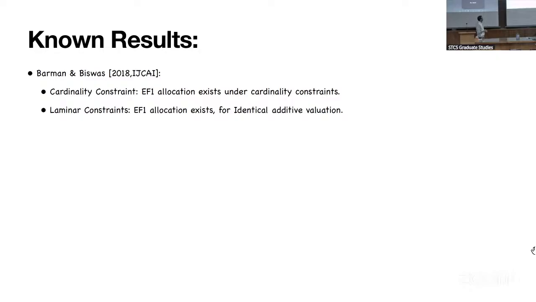They have these two results in the same paper. In a similar line, Feldman in 2023 gave a set of results for cardinality constraints with heterogeneous Matroid constraints. Heterogeneous Matroid constraints means every agent has a different limit on each category, which is different from the cardinality constraints.